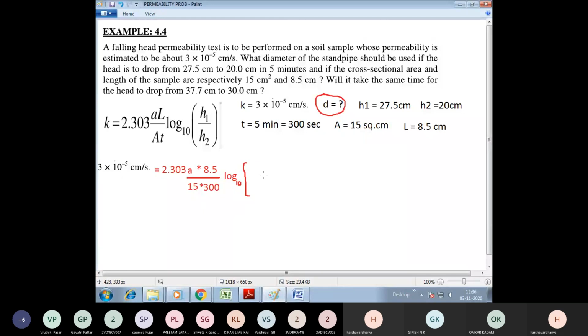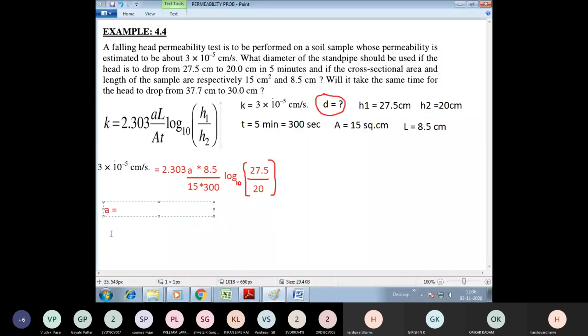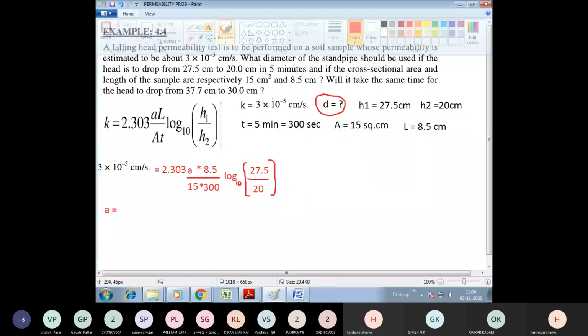Now H1 is 27.5 centimeter and H2 is 20 centimeter. So please substitute, simplify, and find the value of A, and then subsequently find the value of D.